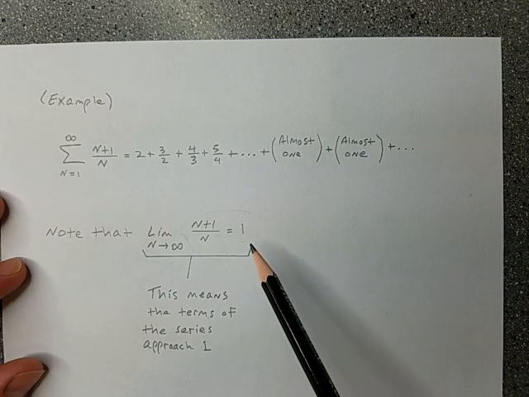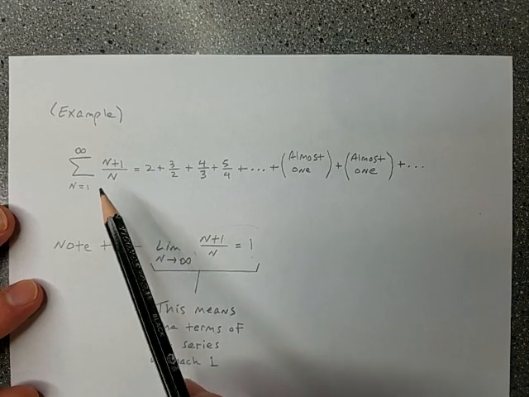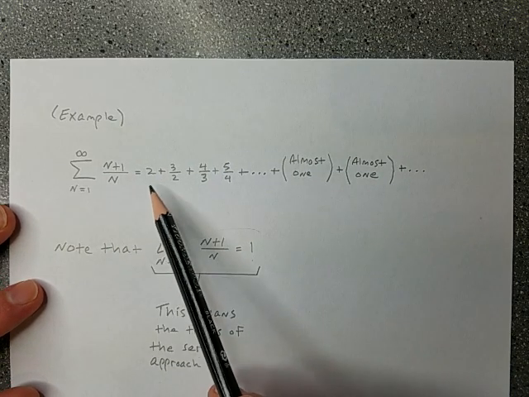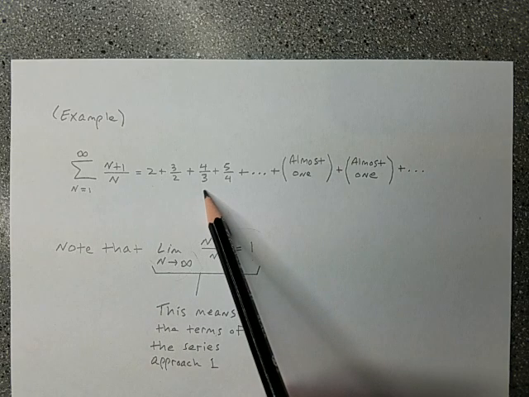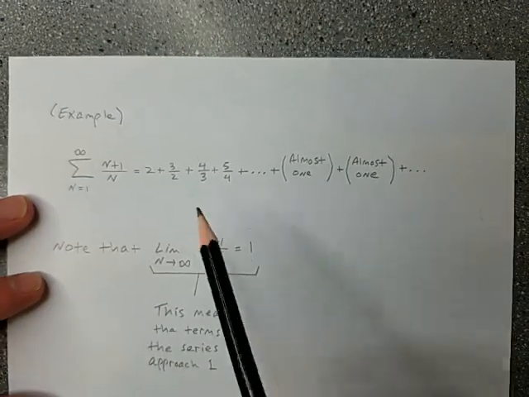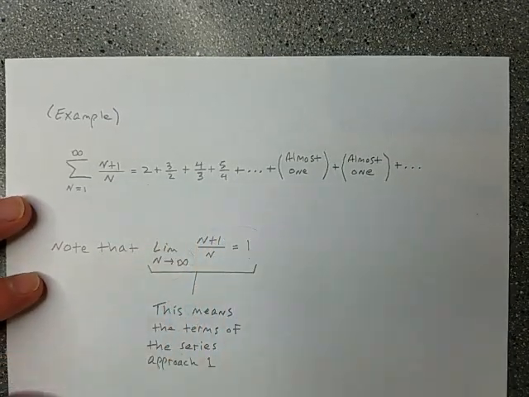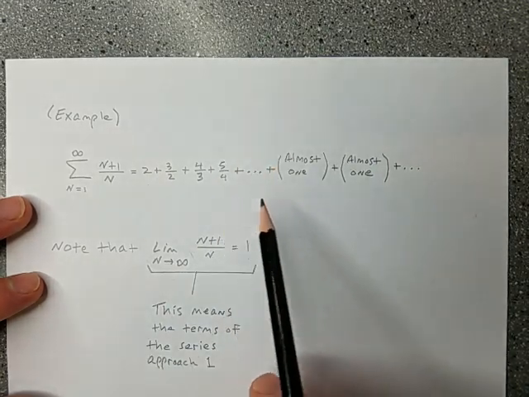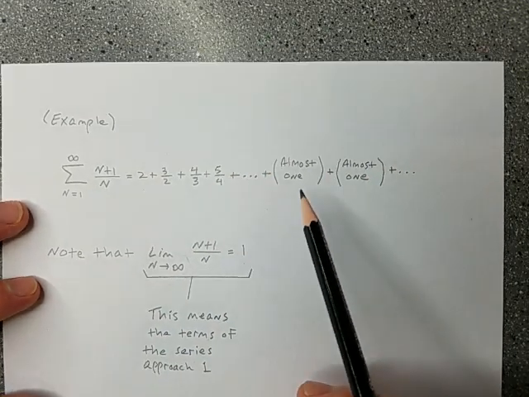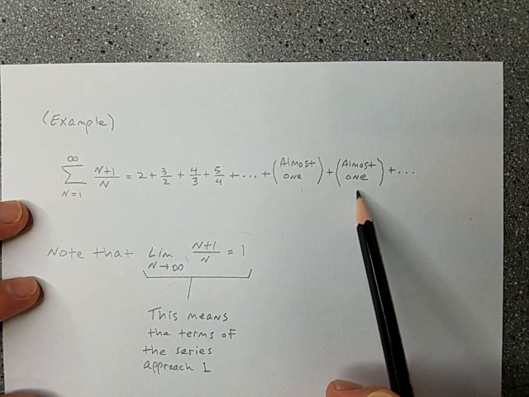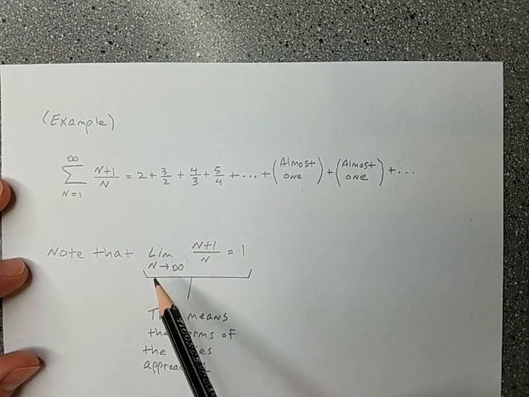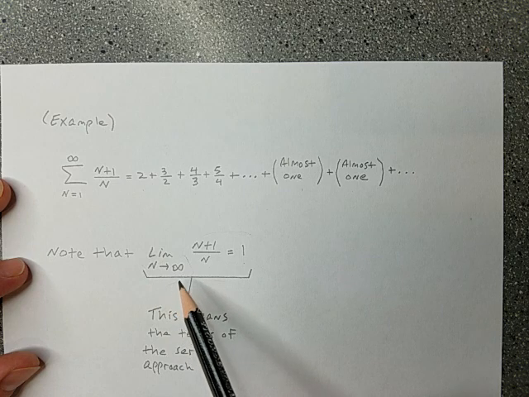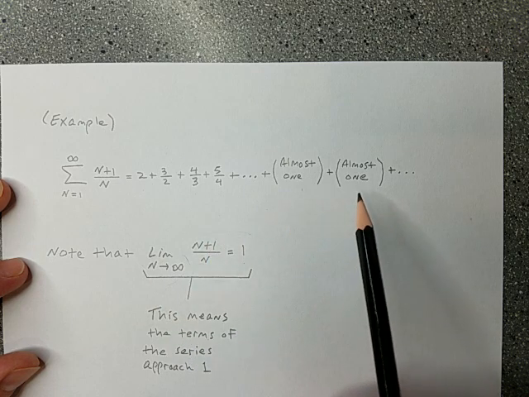So in this series, the first term might be 2, and the third term might be 4/3, and so on. But the further out you go, the more terms of the series you write down, the more they start to look like 1. That's what this means right here. As n gets bigger, that is going to look more like 1.